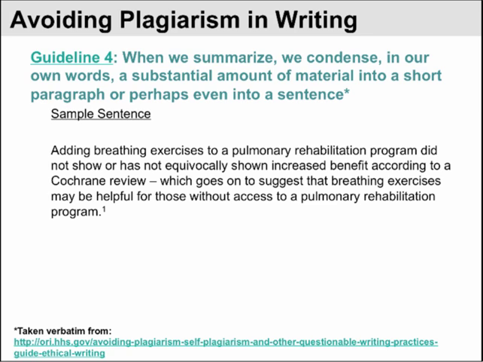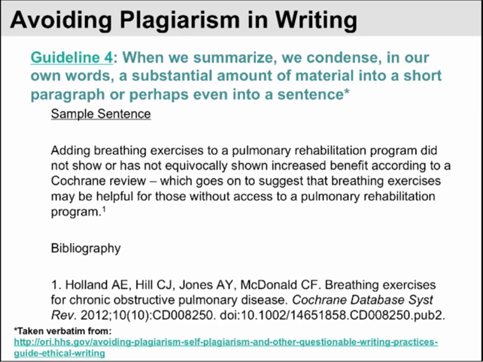Adding breathing exercises to a pulmonary rehabilitation program has not unequivocally shown increased benefit according to a Cochrane review, which goes on to suggest that breathing exercises may be helpful for those without access to a pulmonary rehabilitation program. And in our bibliography, we acknowledge that we summarized this information from a Cochrane systematic review on breathing exercises for chronic obstructive pulmonary disease.